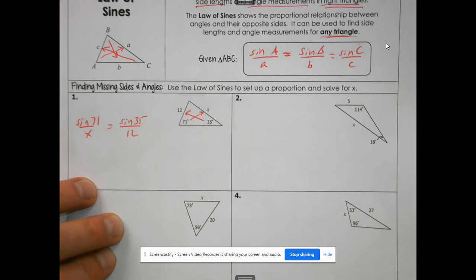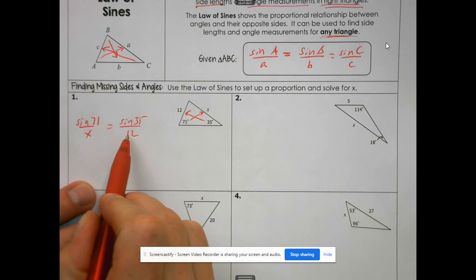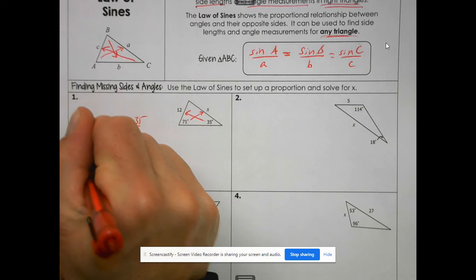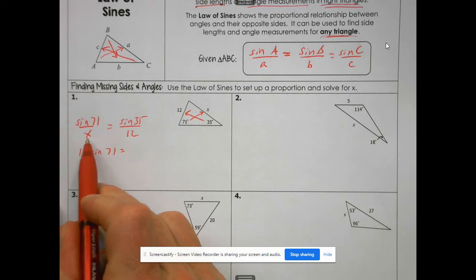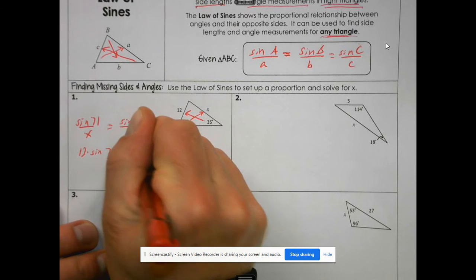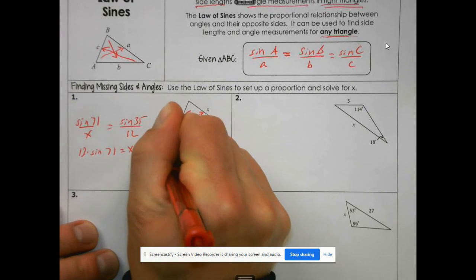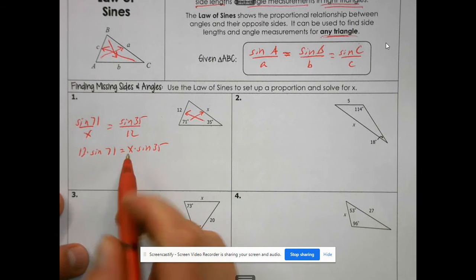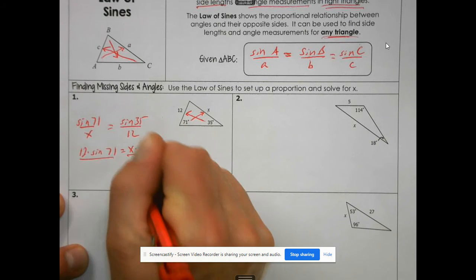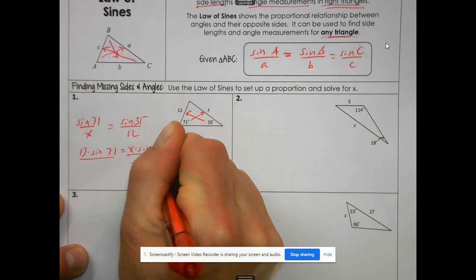Just like the last chapter, we cross multiply. So 12 times sine 71 equals X times sine 35. It's basically one step, guys. To get X by itself, I just divide both sides by sine 35.